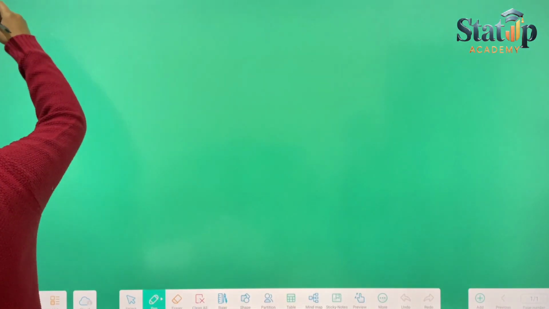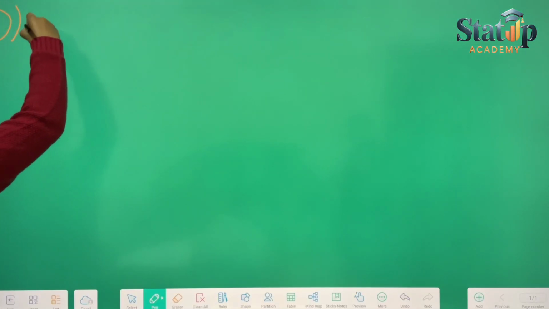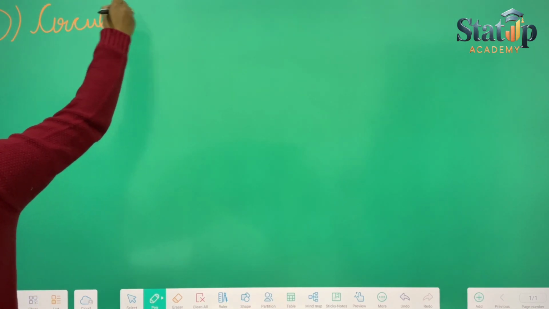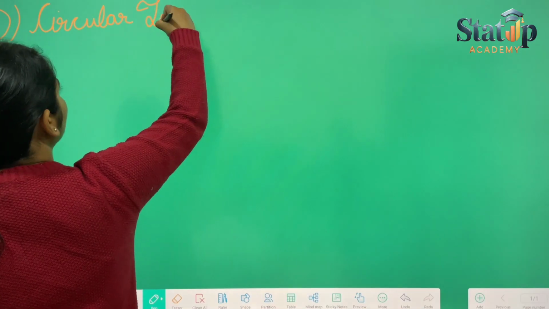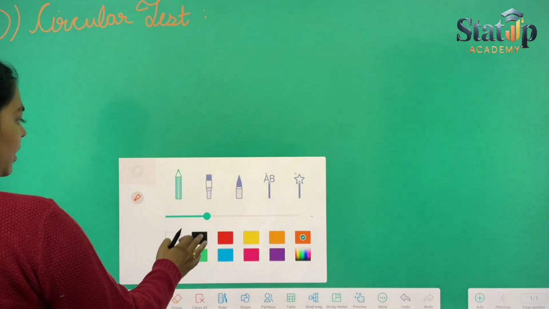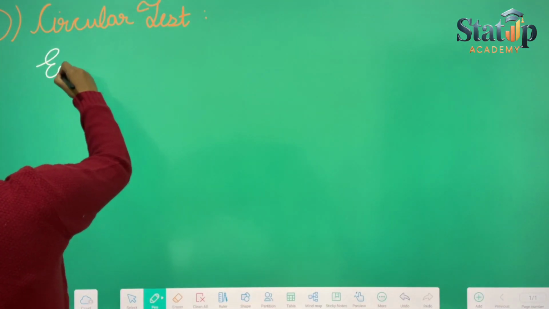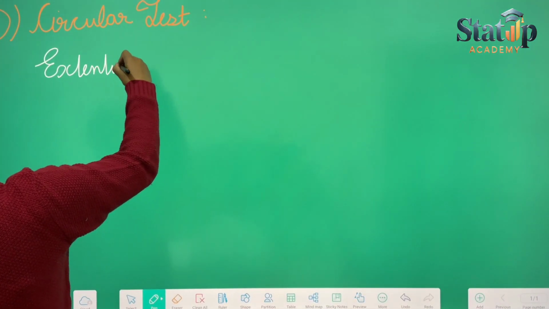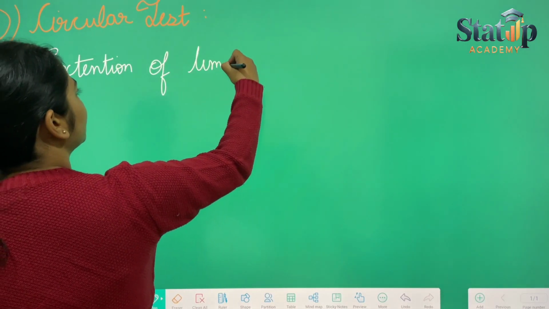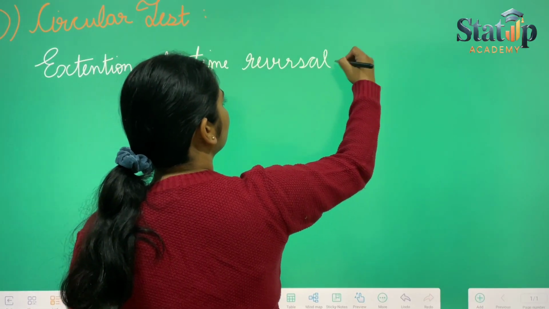So there is another kind of test, which is the fourth kind of test, known as circular test. This test is the extension of time reversal test.